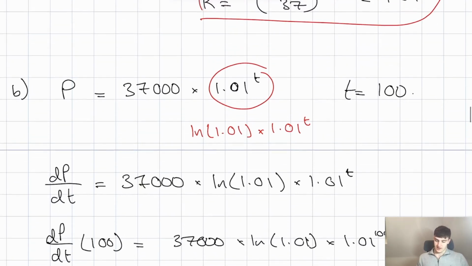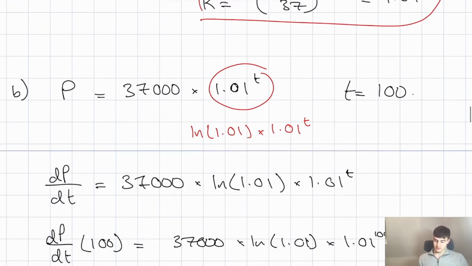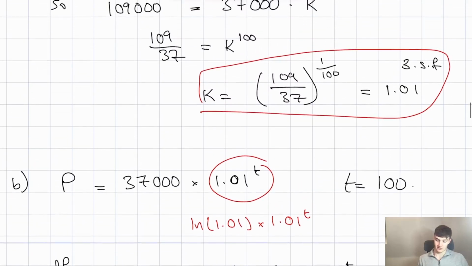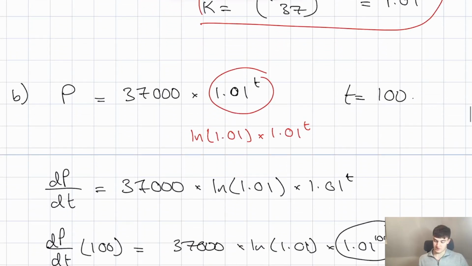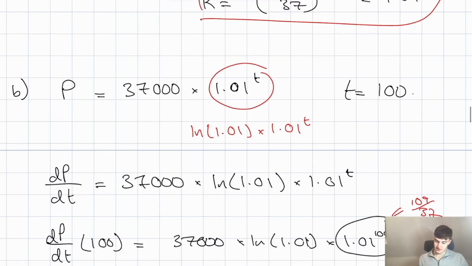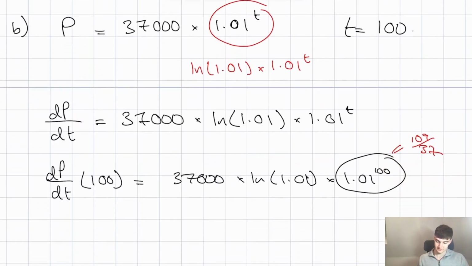And we actually don't need to work this out properly because we know what k to the power of 100 is already. It was here. And this 1.01 is just k. So we know that this is 109 over 37. So that's nice. It means we can be more exact.